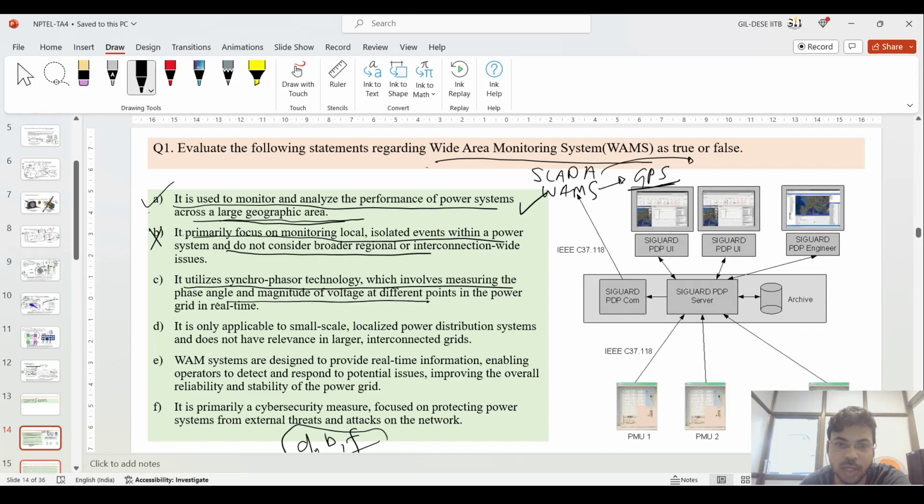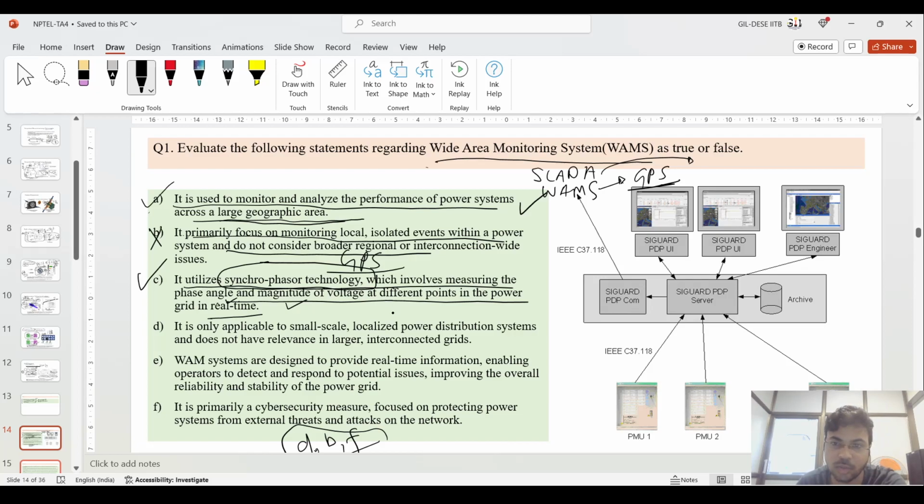Coming to the C part, it utilizes synchrophasor technology which involves measuring the phasor angle and magnitude of voltage at different points in the power system grid in real time. That is true. In what sense true? Because it uses synchrophasor based phasor technology based on GPS, and it measures the phase angle and magnitude of the voltage at different locations of the power grid in real time itself.